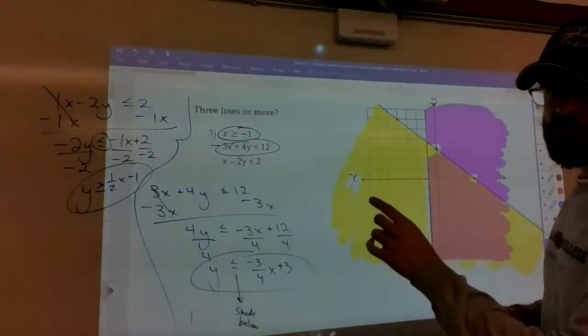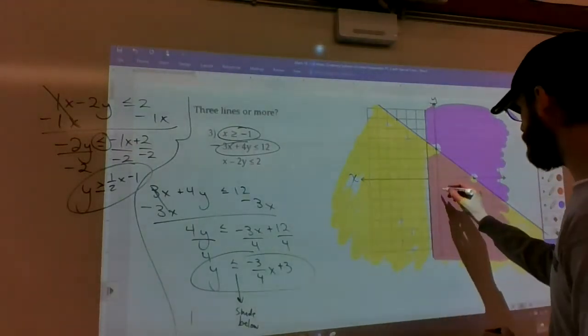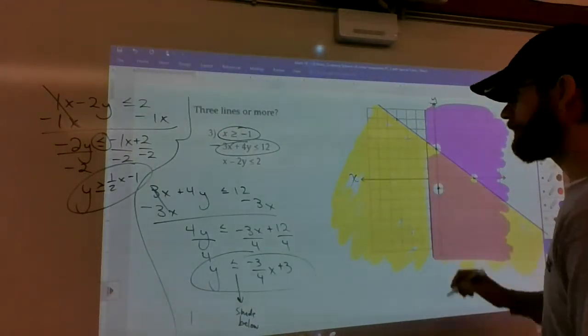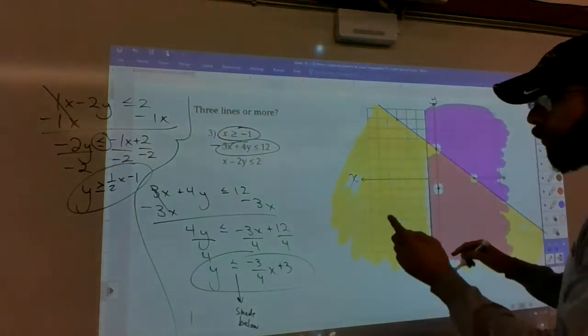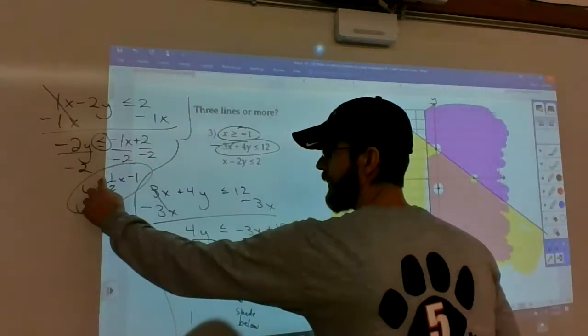So this thing's going to start at negative 1 on the y-axis. And you go up 1, right 2.